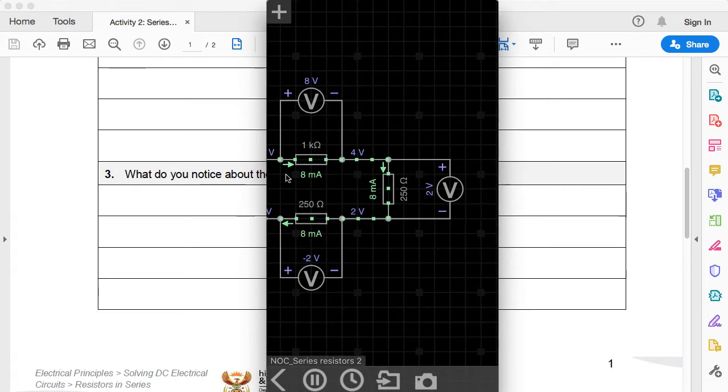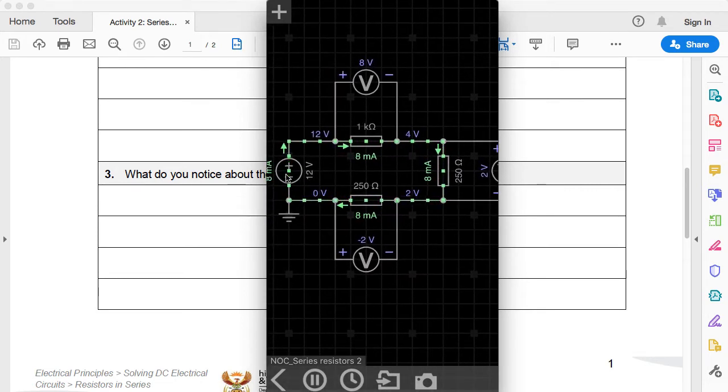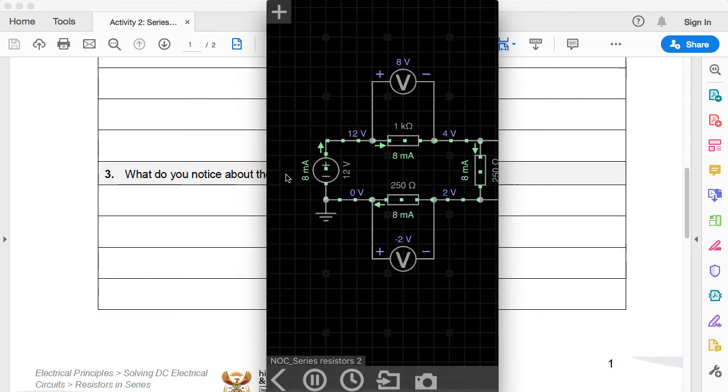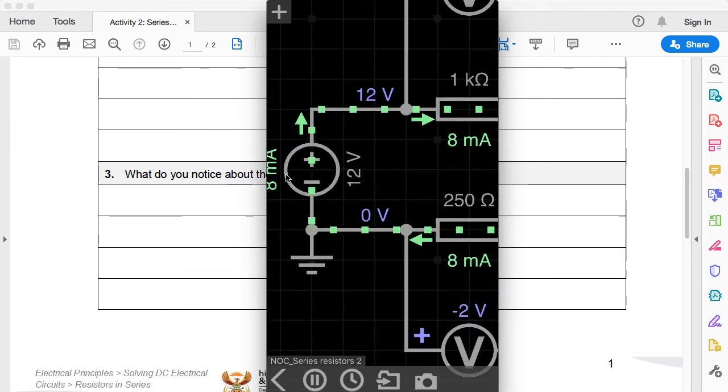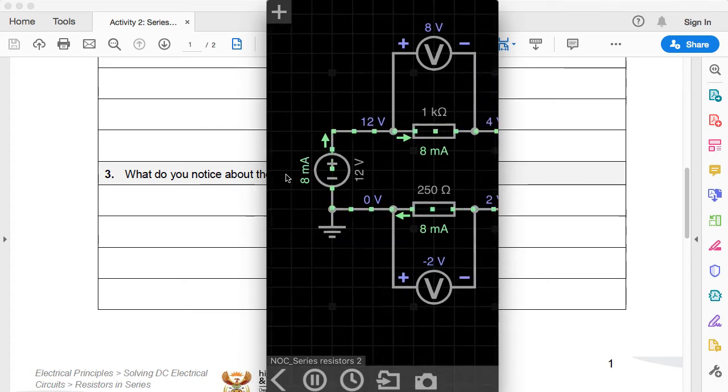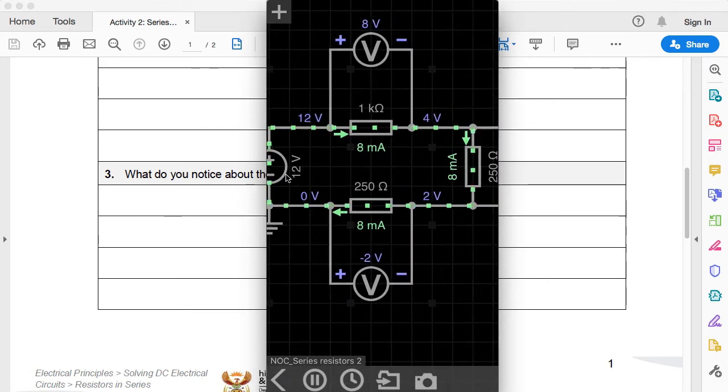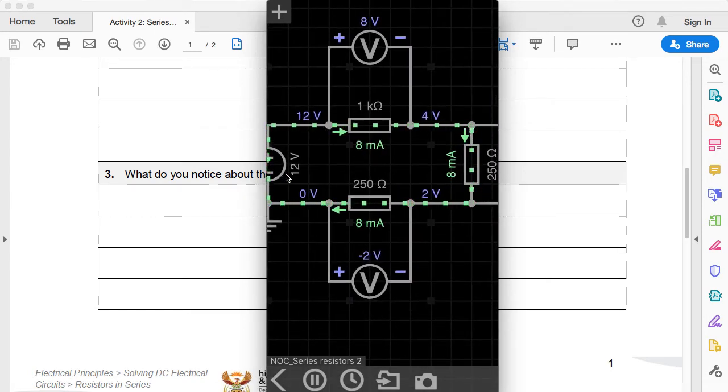Now 8 plus 2 plus 2 is 12, which is the same as the voltage source of the circuit. The battery in the circuit is providing 12 volts. So it seems that the voltage drops across the 3 resistors add up to the voltage being put into the circuit by the battery.